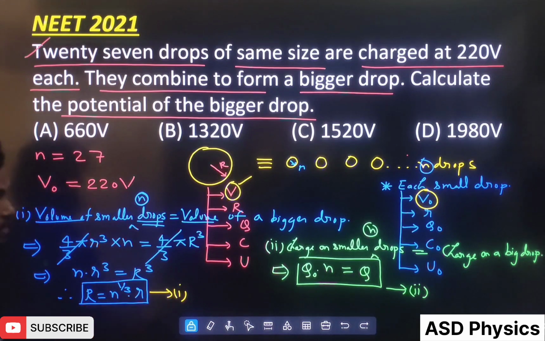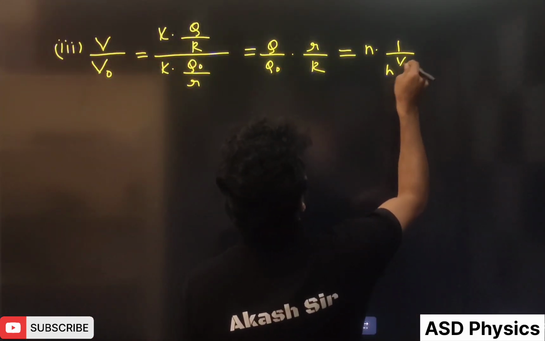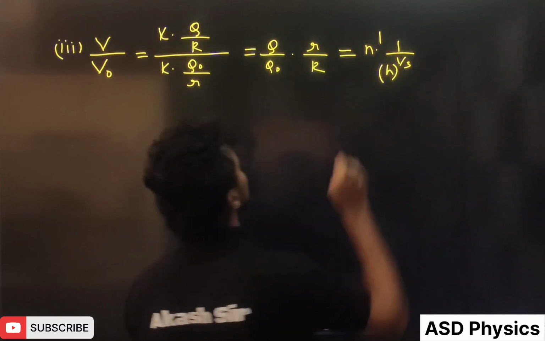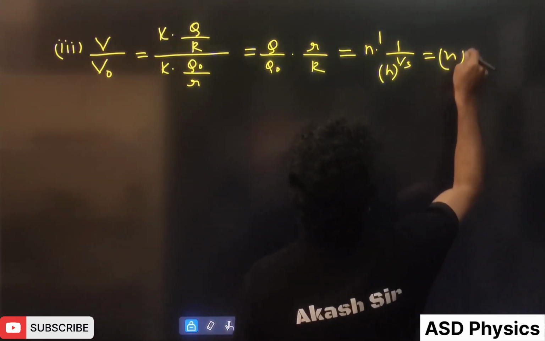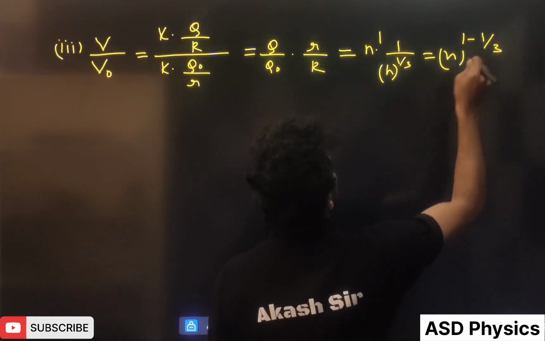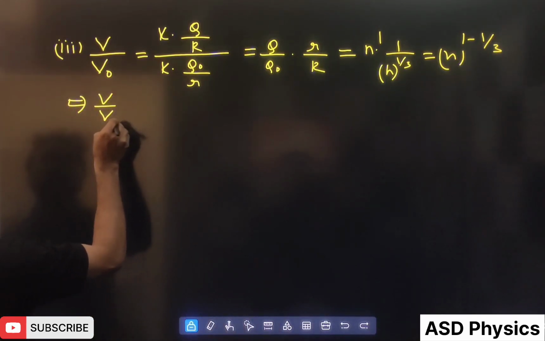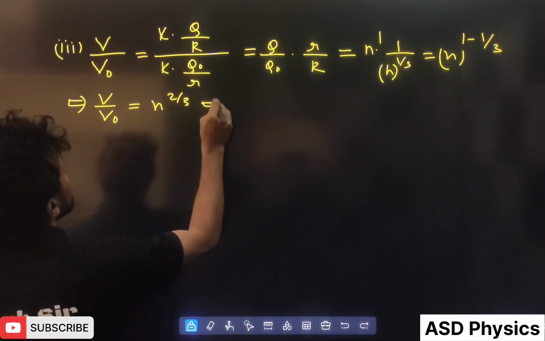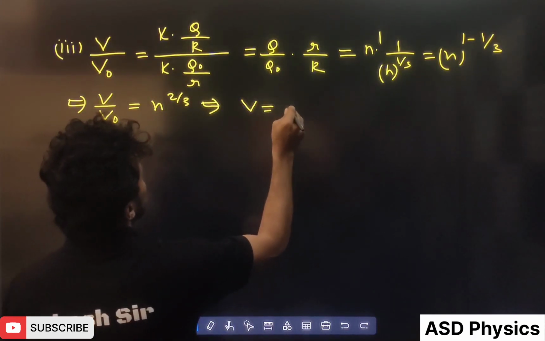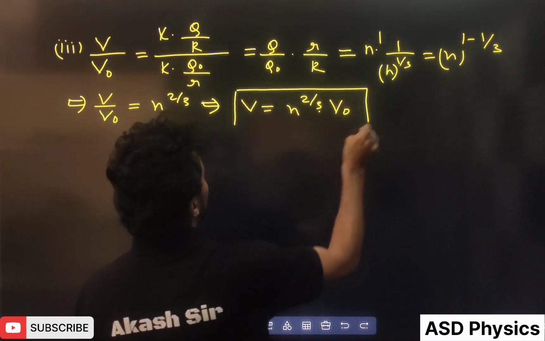So this becomes n to the power 1 minus 1 by 3. We can write V by V naught equals n to the power 2 by 3. That means V equals n to the power 2 by 3 into V naught.